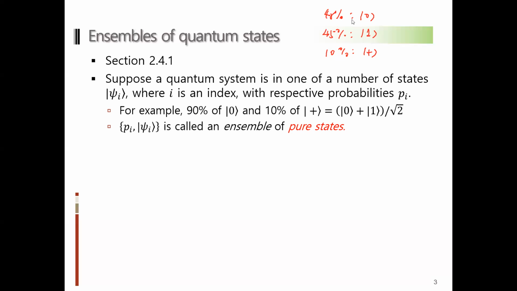So 45% with the 0, another 45% with the 1, and another 10% with the plus state will form a set. We call the set of different combinations of pure states the ensemble.